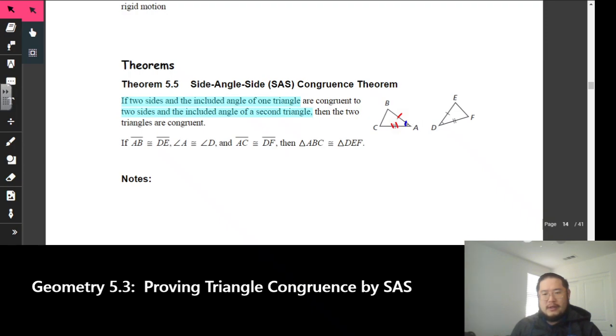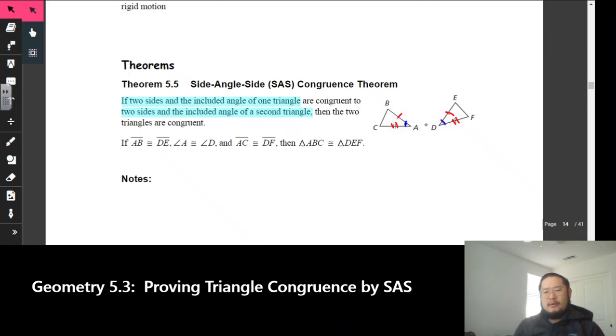If you forget what the included angle is, it's the angle in between those two sides. So angle A is between side AB and side AC. If we take a look at the triangle it is congruent to, triangle DEF, we have two congruent sides, and angle D is the included angle.